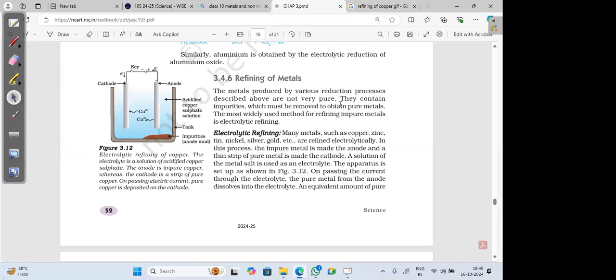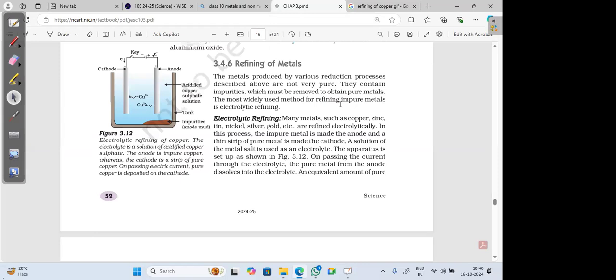See, electrolytic refining. The metals produced by the various reduction processes described above are not very pure. They contain impurities which must be removed to obtain pure metal. The most widely used method of refining impure metals is electrolytic refining. In the diagram in your text, the anode is made over here and connected to the positive terminal.